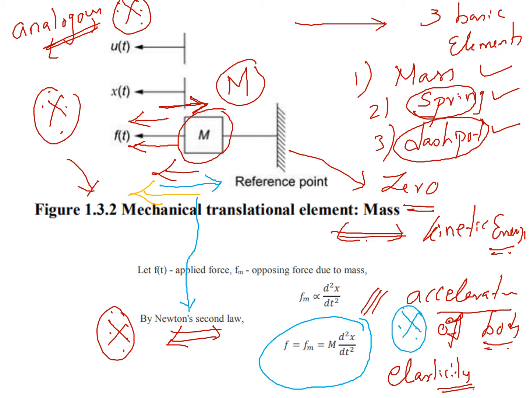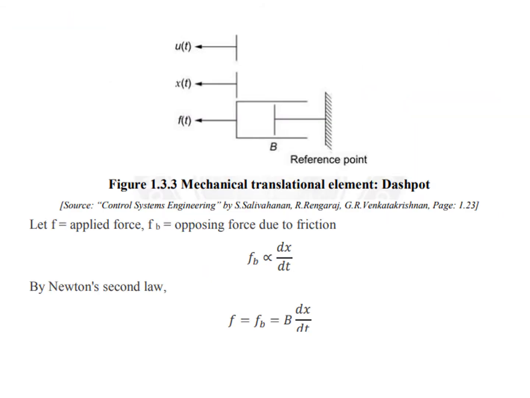It depends upon the acceleration of the body. So this is the second important element in any mechanical system. Three important elements are there, I already said. The next important element is called the dashpot.